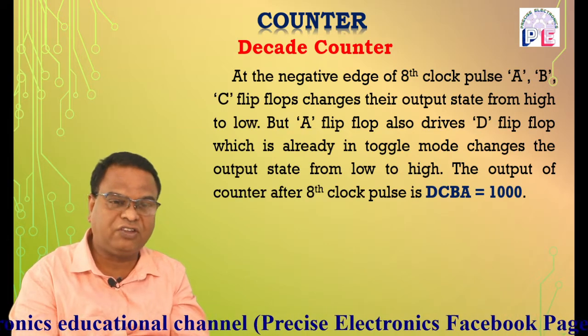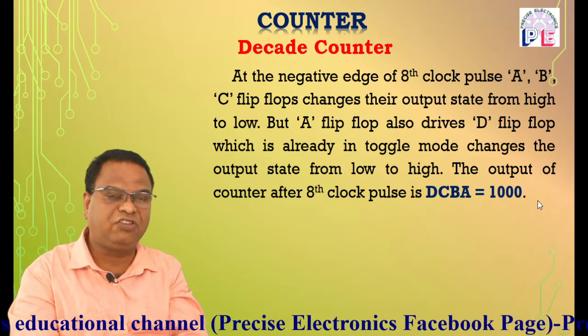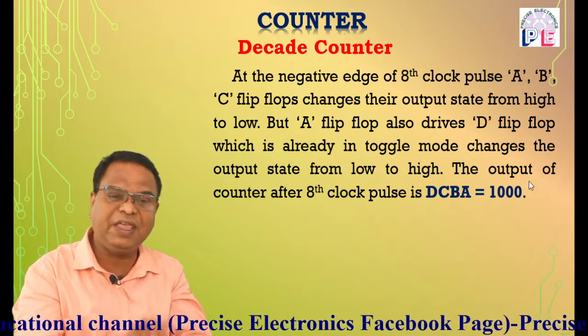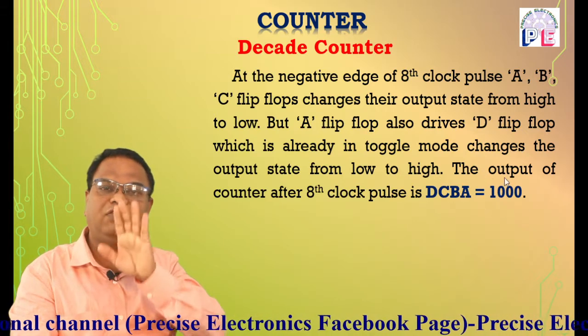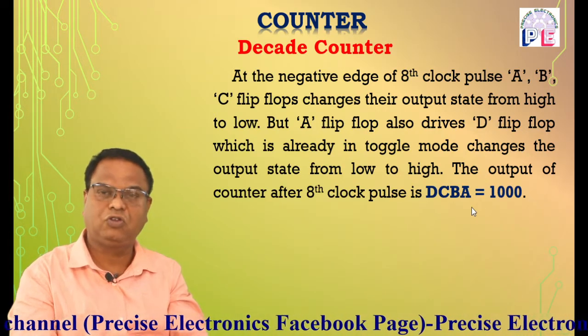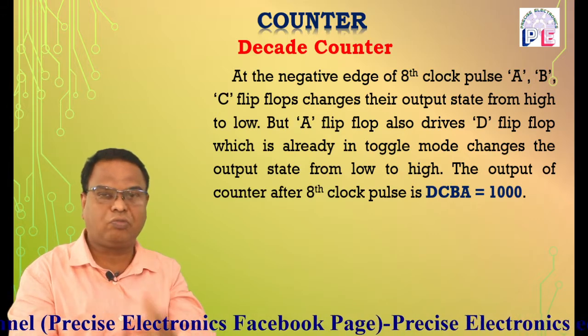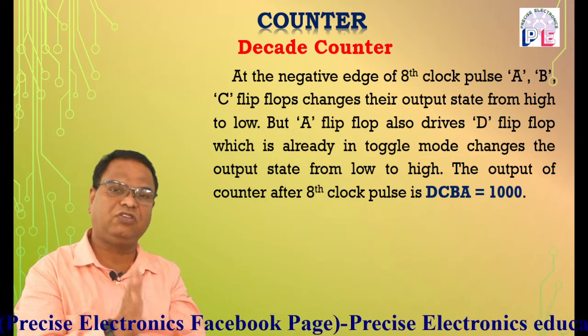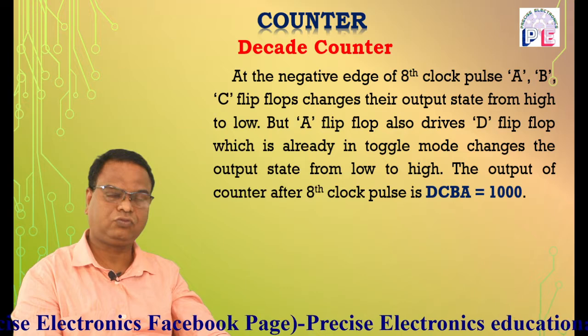So the output at this stage is DCBA equals 1000. At the end of the 8th clock pulse, the output of the counter is 1000.